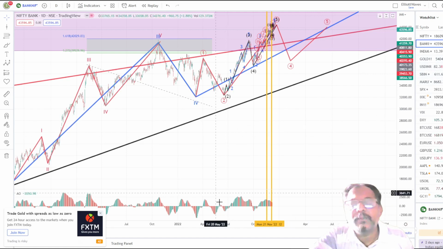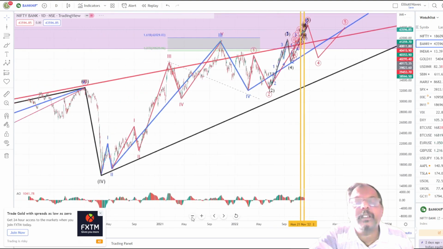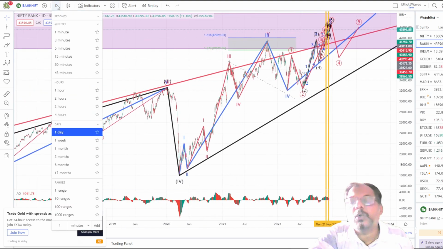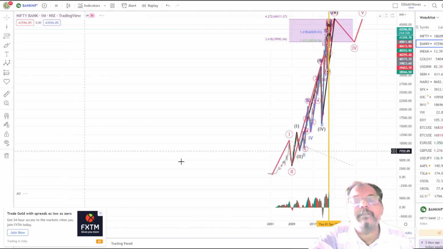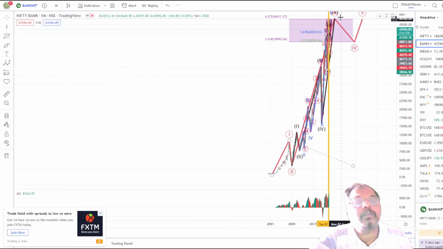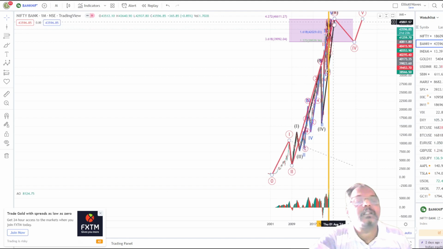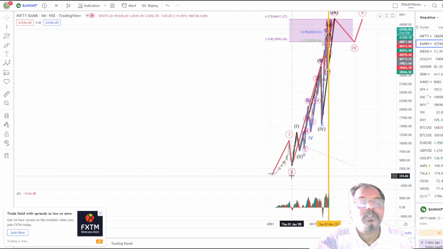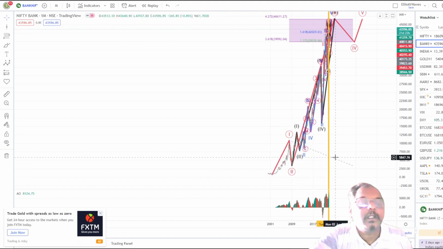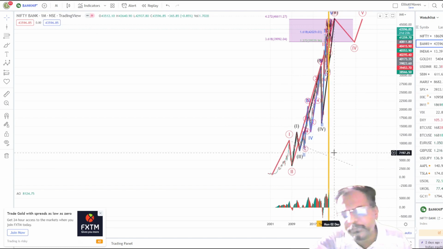On Bank Nifty, it does not look like that. Bank Nifty looks like it is going to be going sideways for a very very long time, because we are on the higher level third. And even if you say the same duration, this duration is 2008 until let's say 2023 or 24.